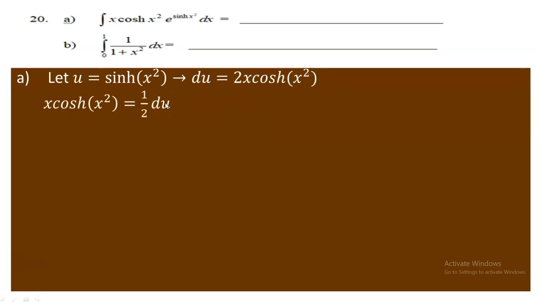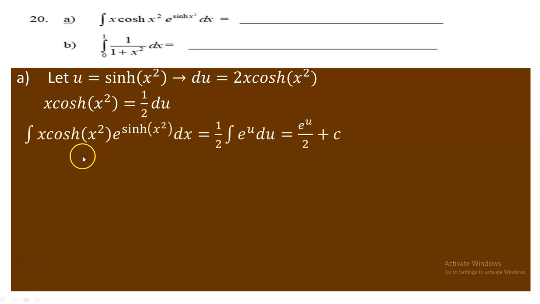So now, dividing this by 2, we have x cos hyperbolic of x squared dx equal to 1 over 2 du. Again dx is forgotten here, please try to add it. And from this, x times cos hyperbolic of x squared times e to the power of sine hyperbolic x squared dx is, look, this is already u, e to the power of u, and this is nothing but 1 over 2 du, right?